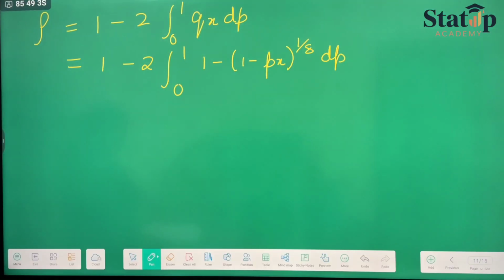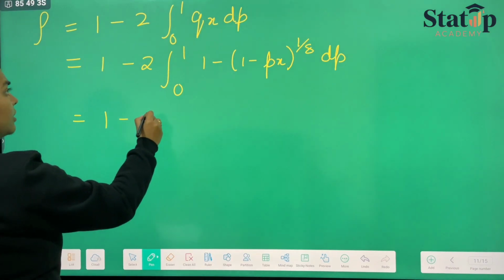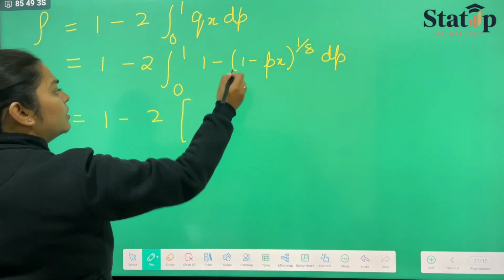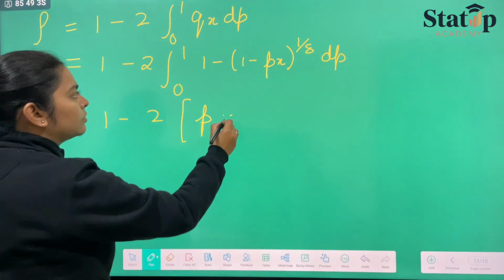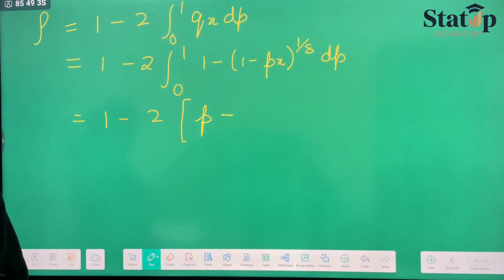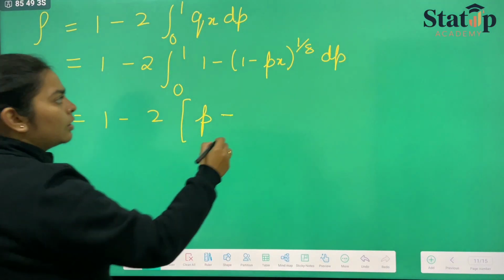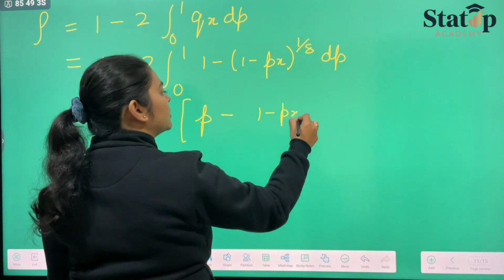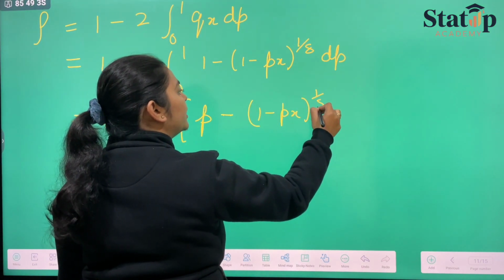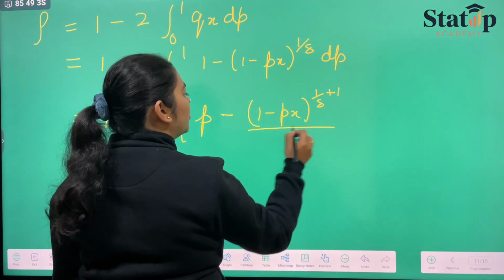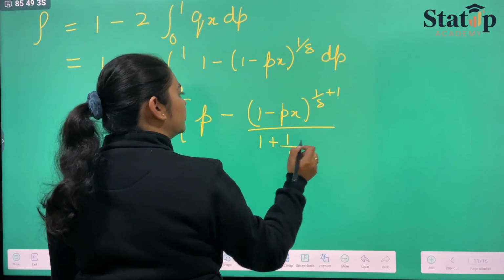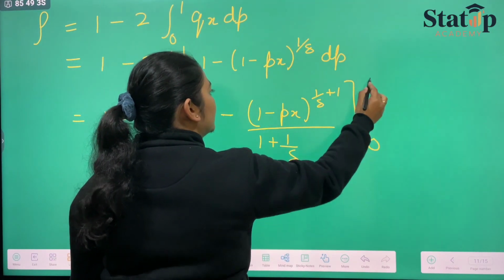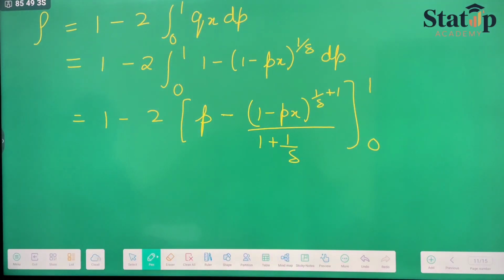Okay, on solving this equation, we will be getting 1 minus 2. If I solve 1, it will be p, and if I solve this, we will be getting 1 minus px raised to the power 1 upon delta plus 1, upon 1 plus 1 upon delta, with the limits 0 and 1 of p.